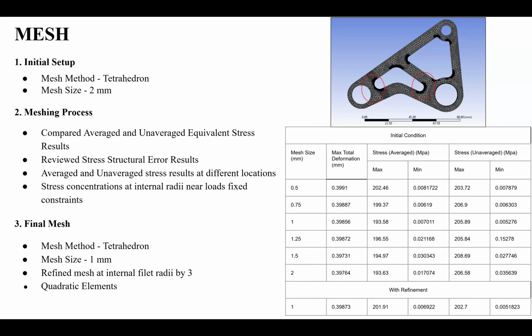Looking at the results from the process, we chose to use a general mesh size of 1 millimeter. Below 1 millimeter, the stresses started to increase. We then applied a refinement at the internal fillet radii of the part, which was where the stresses were mostly concentrated.